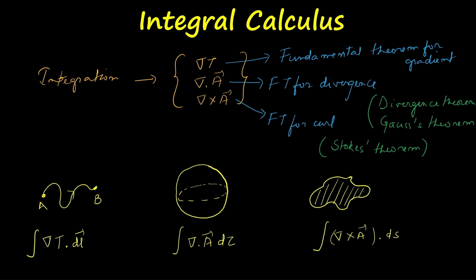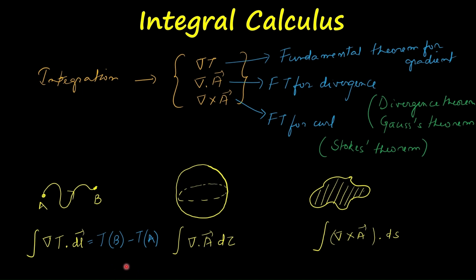Now, from the fundamental theorem, let's consider the first case. That is the line integral of the gradient of T, and it says that this is equal to the difference in value of the function at the endpoints.